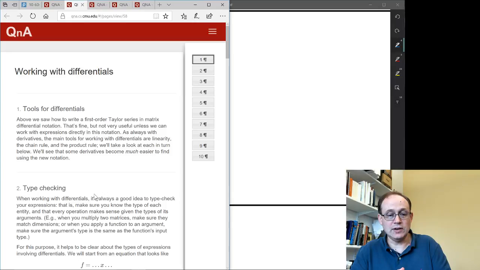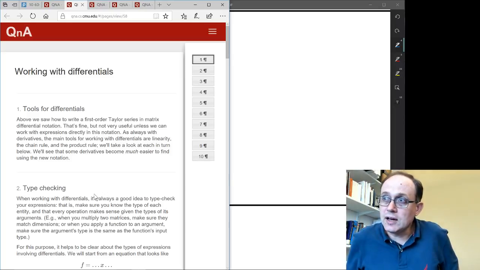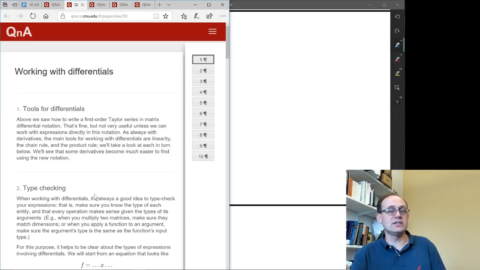The key point of doing it this way is that there are going to be some derivatives that are a lot easier to find using the new notation and methods compared to the old. We'll hopefully see a few of those, but there are also some derivatives that we're interested in that you can't easily even write in the old notation.